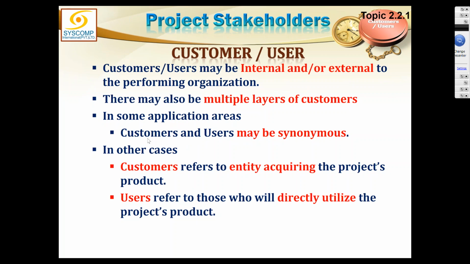Maybe the customer is providing the product to someone and someone is providing to someone else, and ultimately it is reaching the end user. So if the customer and user is one person, then it is the stakeholder. If the customer and users are two different people, then there are two different stakeholders. And if there are 10 people in between the customer and user, all of them will be stakeholders.